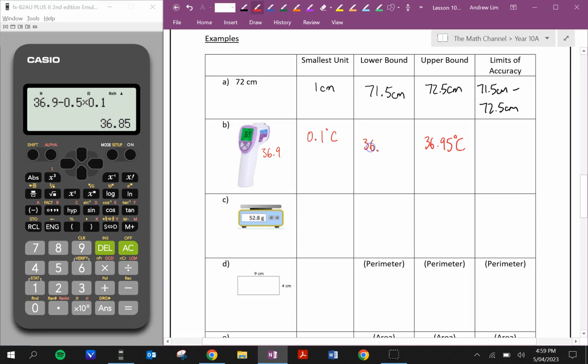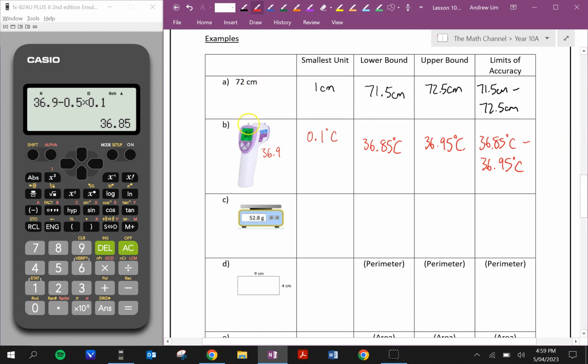Right, so we've got 36.85 to 36.95. So this thermometer rounds to the nearest tenth, right? Rounds to the nearest tenth. It says that someone's temperature is 36.9 degrees. It could be that, but in reality is actually somewhere between 36.85 and 36.95.